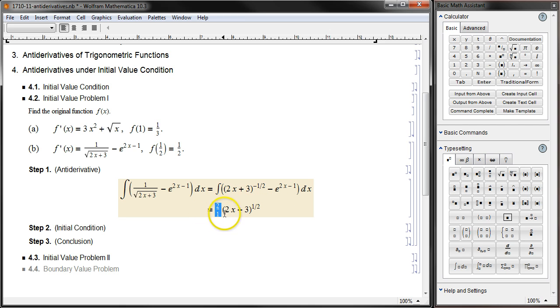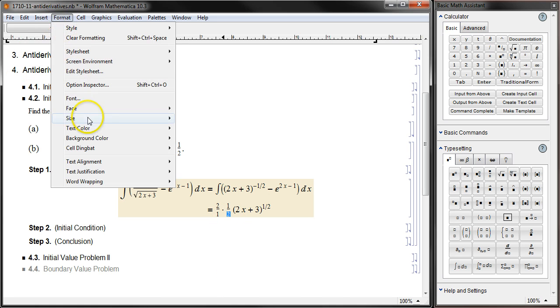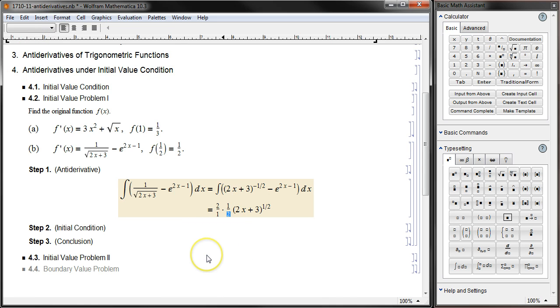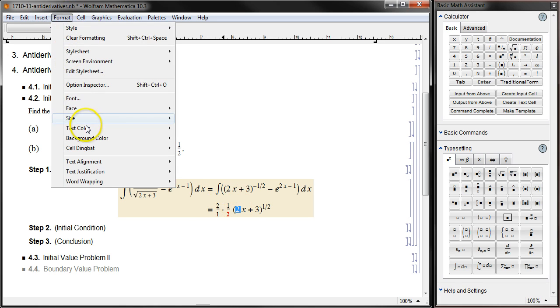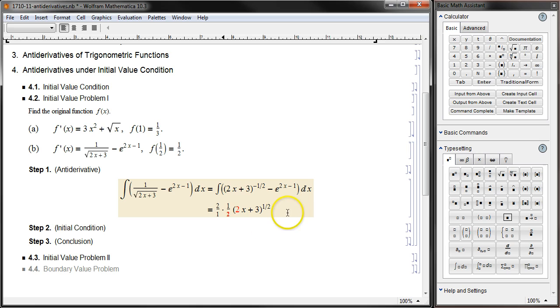Is that it? No, not really. One more to go. We need 1 over a. This 2 and that 2 came from different origins. This 2 down here, which I'm emphasizing in a different color, came from this 2. How about the exponential part?